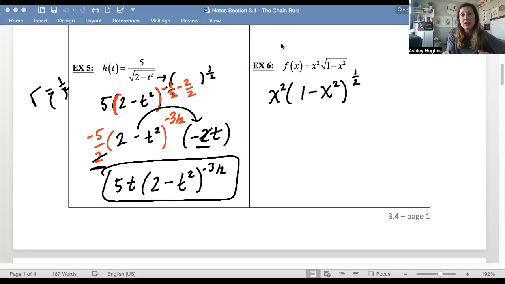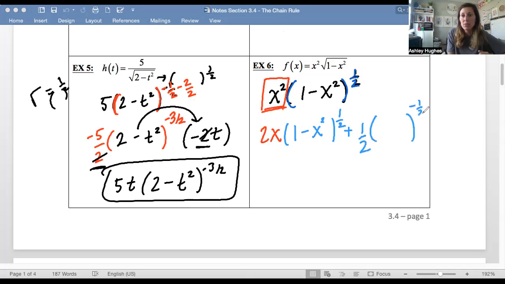Now this one's a little different because I have 2 functions of x. And when you have 2 functions of x, you have to do the product rule. So we're going to do the derivative of the first times the second, plus the derivative of the second, which uses the chain rule.